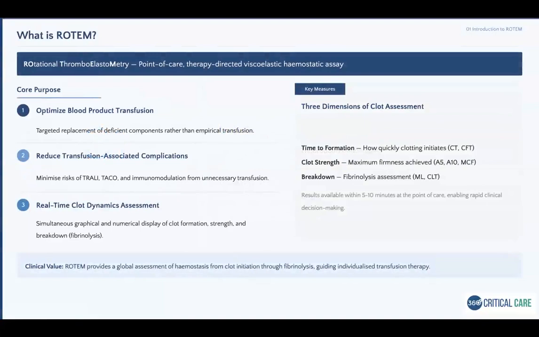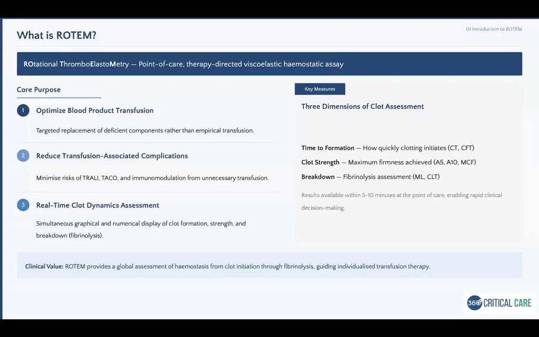the basic core purpose of using Rotem clinically is to optimize blood product transfusion. It enables targeted replacement of the deficient components rather than giving just the whole blood or some empirical transfusion. So it gives you a basis and aims at correcting a particular abnormality in the coagulation rather than holistically giving a lot of blood product.